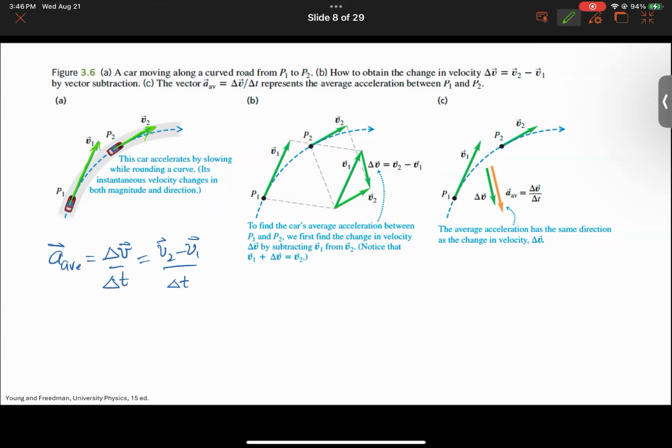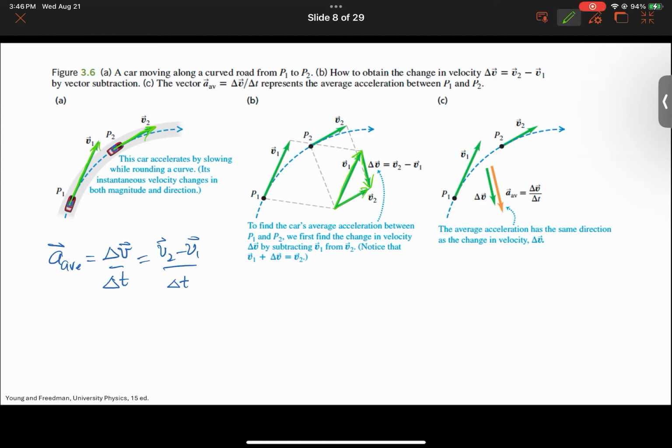So ito yung V2, ito naman yung V1, and then since we are subtracting V1 from V2, we connect delta V, defined as the direction from V1 to V2. Okay, so yun yung direction ng delta V or ng change in velocity.